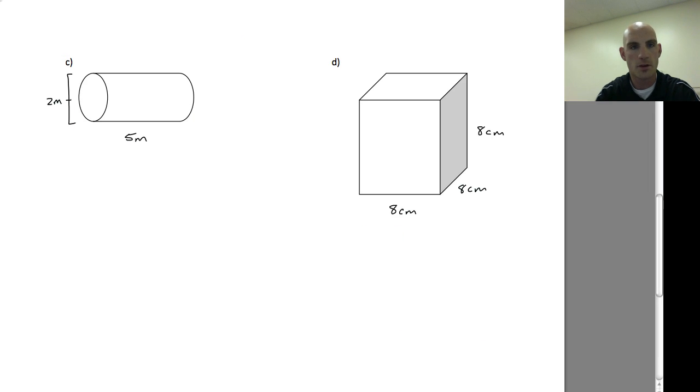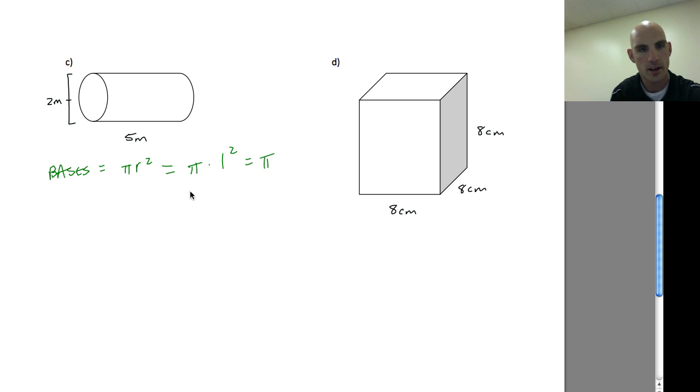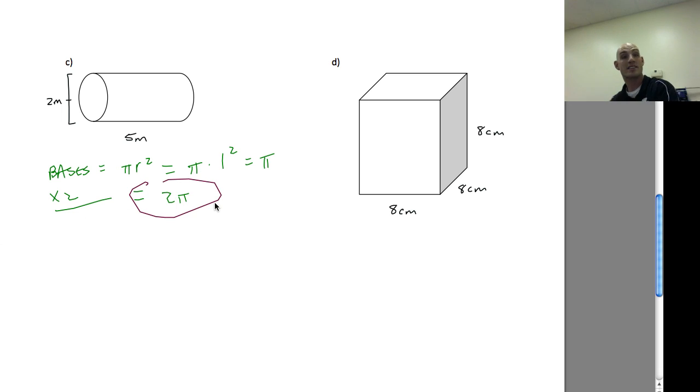All right? And so when I find the area of this, the bases are going to be pi r squared, which is equal to pi times 1 squared equals pi. So times 2 would be equal to 2 pi. Okay, so there's my first total. So whatever I'm going to get for this rectangle around it is going to be added to 2 pi.